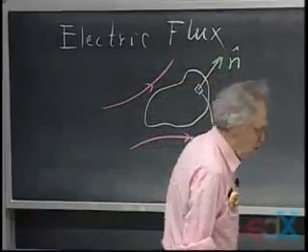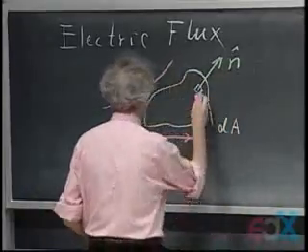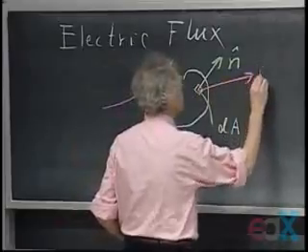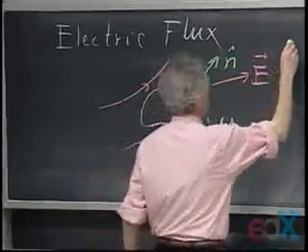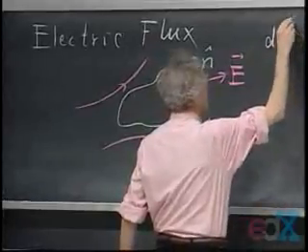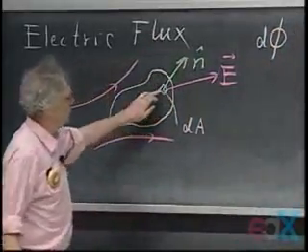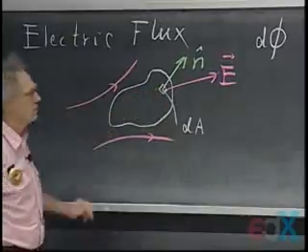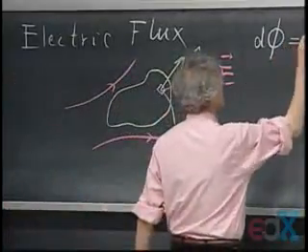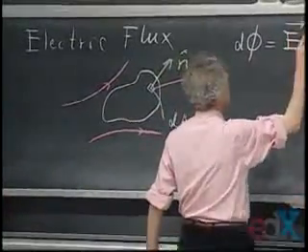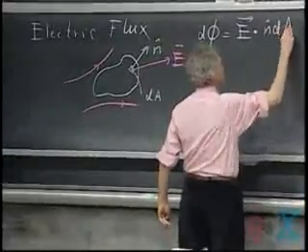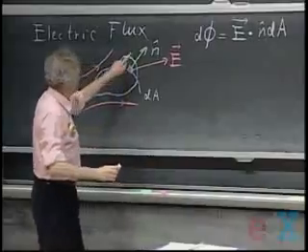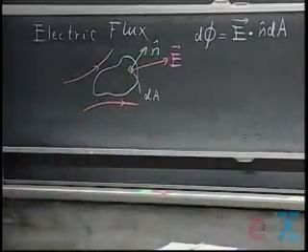So now the local electric field, say at that location, would be, for instance, this. That's a vector. The electric flux d phi that goes through this little surface is defined as the dot product of E and the vector perpendicular to this element, which has this as a magnitude dA.